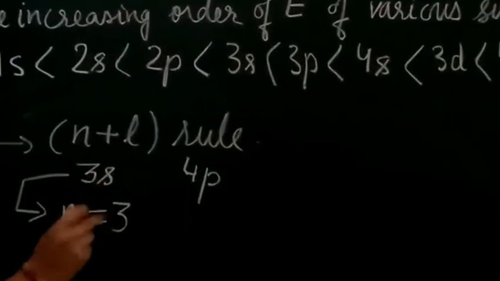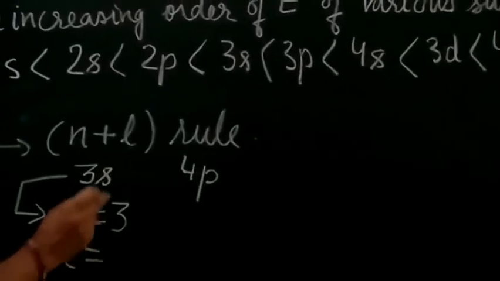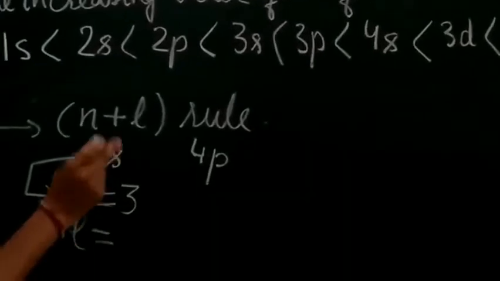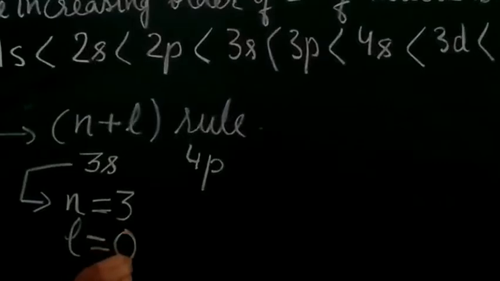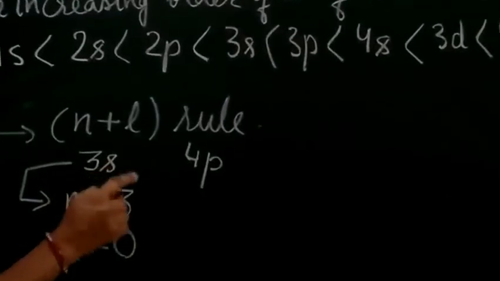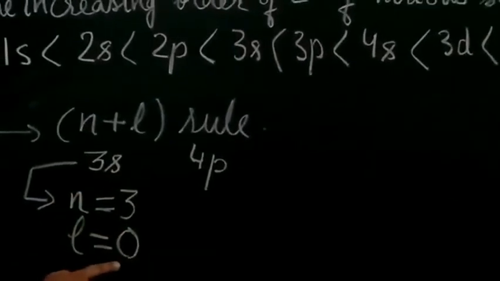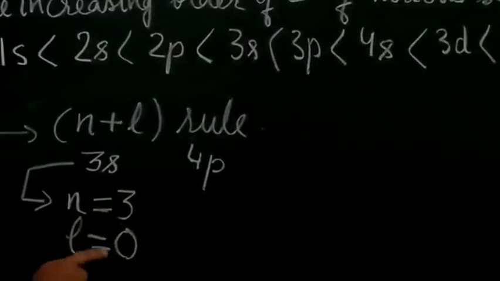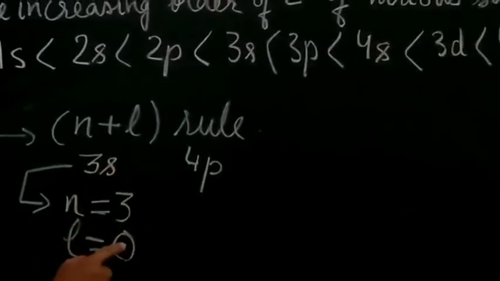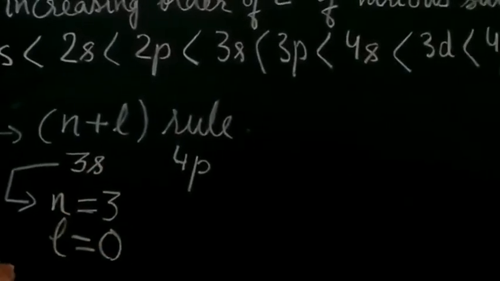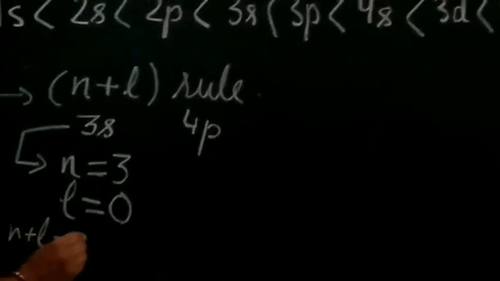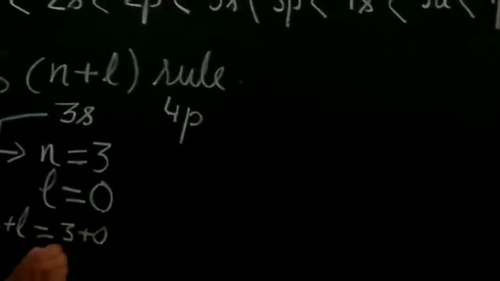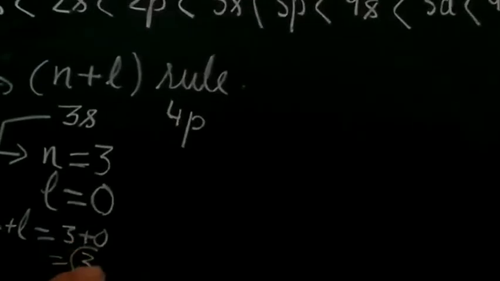And for the value of l, since it is the s subshell, for s we always have 0. S is designated by 0, as we discussed in our last class. Now what is n plus l here? It will be 3 plus 0, that is equal to 3.